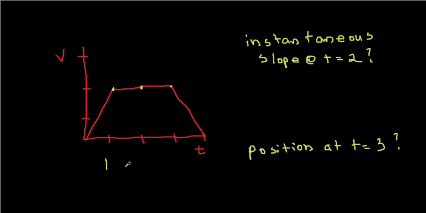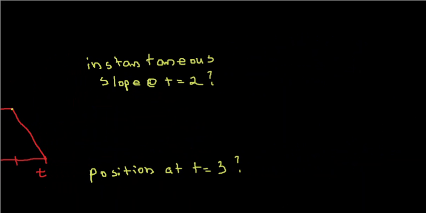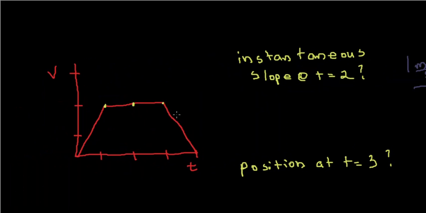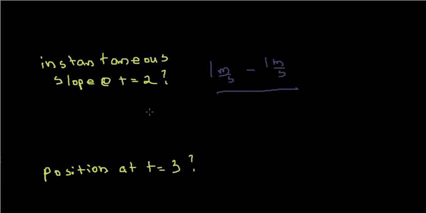Let me do it over here where the problem is. So we have 1 meters per second minus 1 meters per second over a duration of 1 to 3, so over 2 seconds. Right? This is how we find the general slope, not the instantaneous slope. And so 1 minus 1 is 0. 0 over 2 equals 0 meters per second squared.